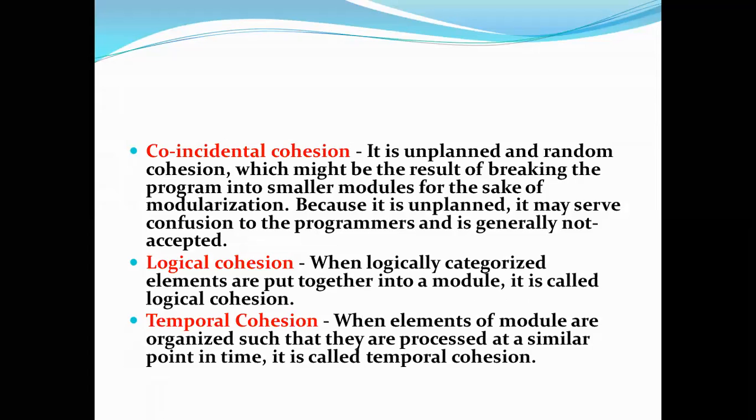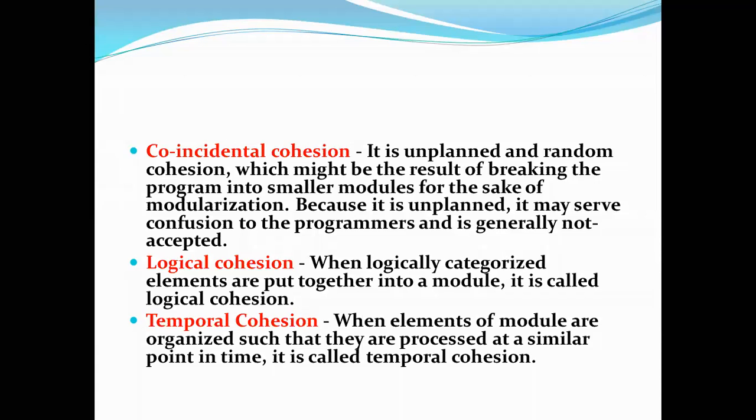Coincidental means the components, the stars here in module M1 in the diagram on the board, are put there based on coincidence. Whatever stars and things are inside that particular module, they are coincidentally placed in module M1. They do not have any particular relationship among them.